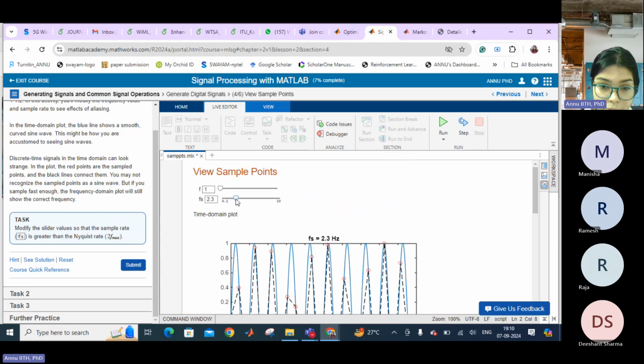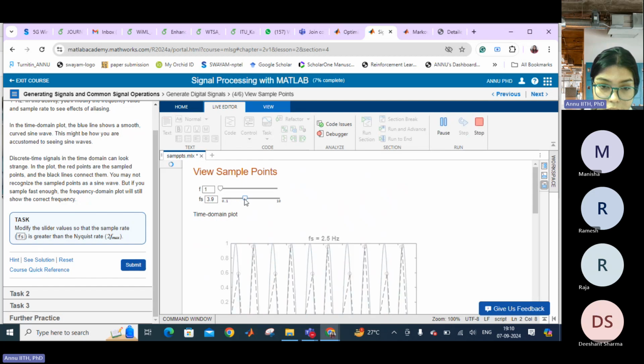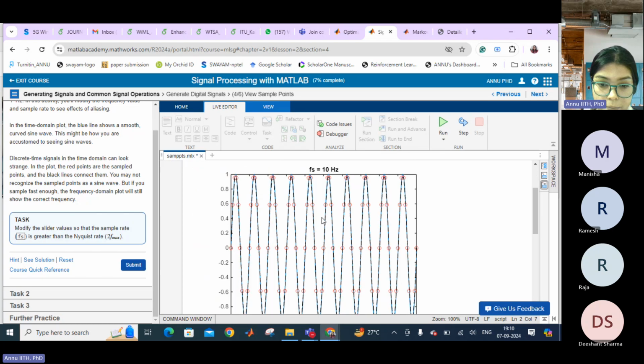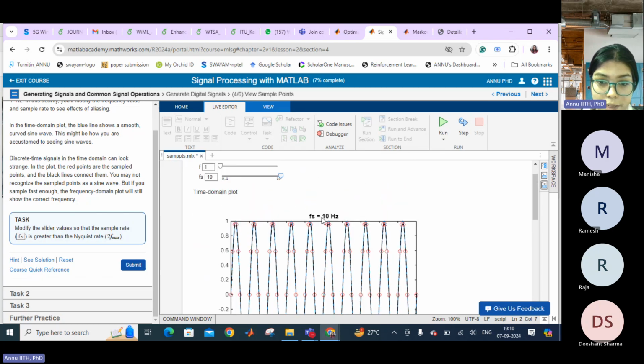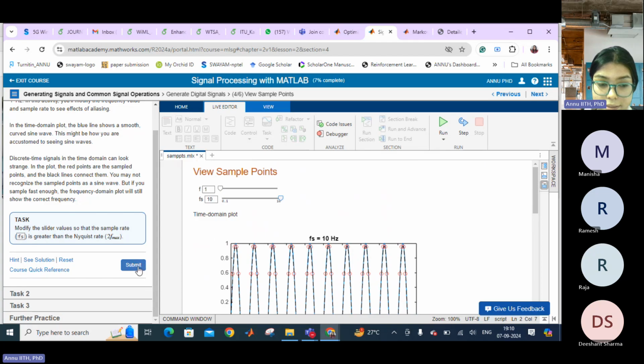Again, I'm sampling more and more, and then it is showing like this.